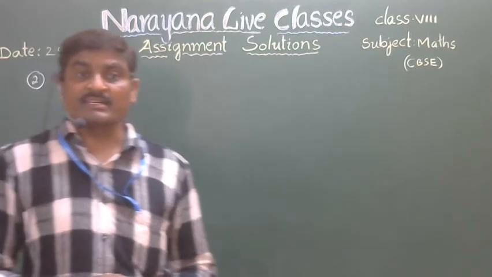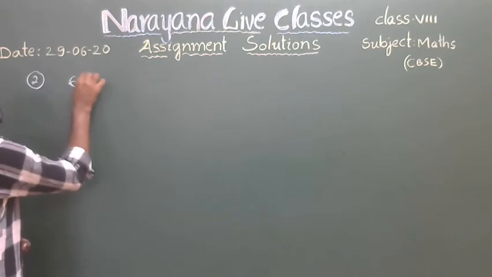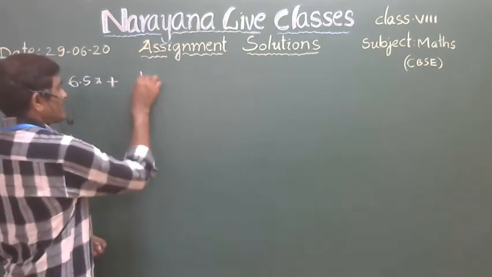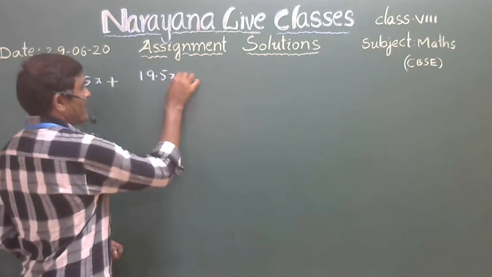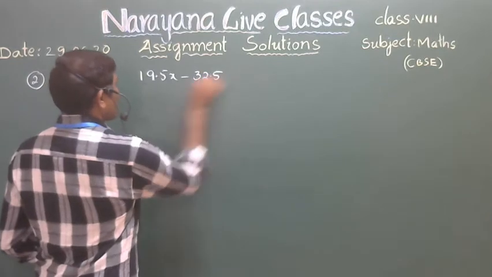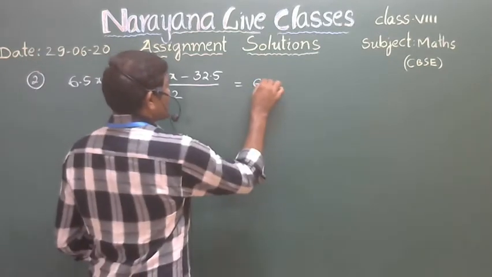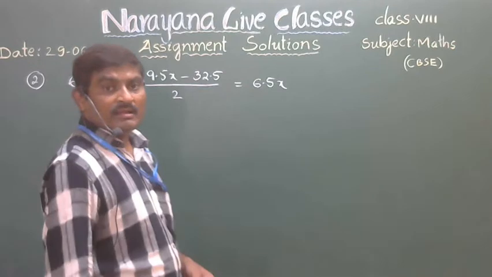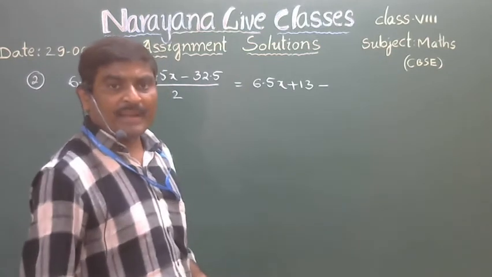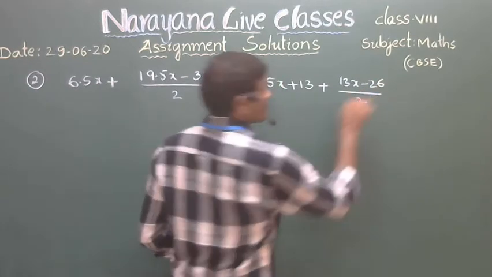Here the question is 6.5x plus 19.5x minus 32.5 by 2 equal to 6.5x plus 13 plus 13x minus 26 by 2.